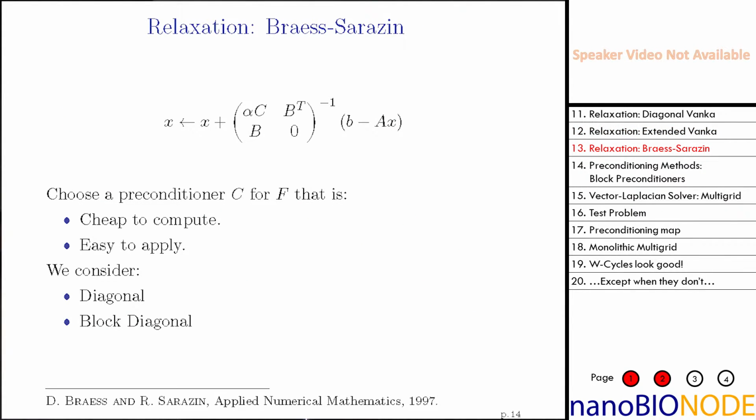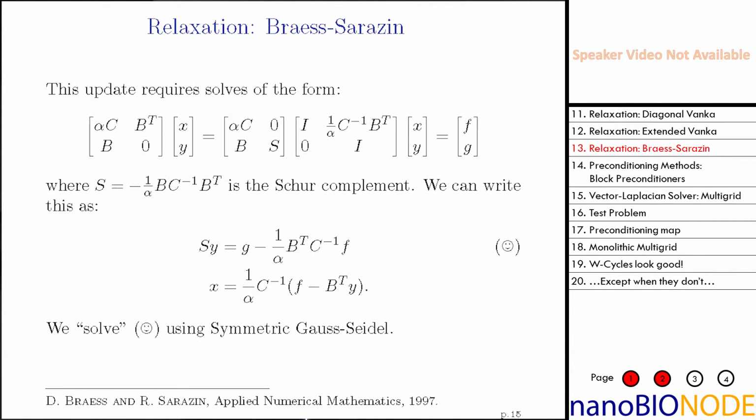All right, the other relaxation scheme we can look at is these Braess-Sarazin methods, which have already been discussed on Monday, like I said. For this problem, we're going to consider a diagonal approximation to C, or a block diagonal approximation to C, where the blocks are the 2 degrees of freedom located on an edge. So just a little bit more coupling.